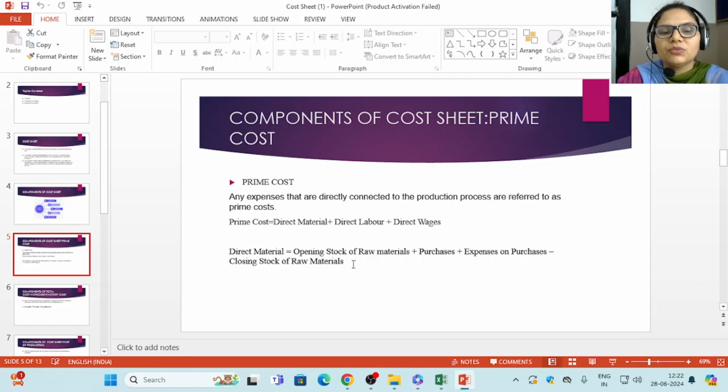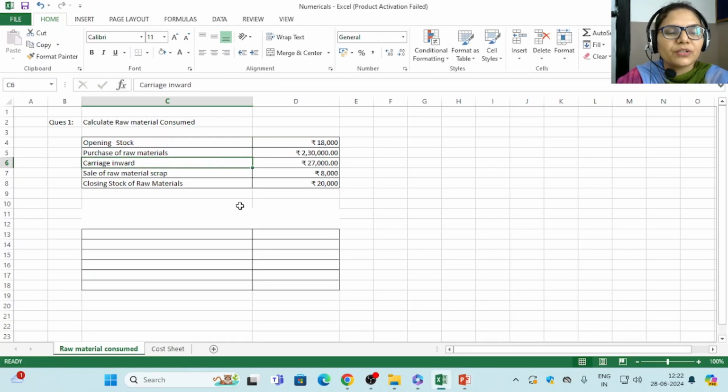Direct material is equal to opening stock of raw material plus purchases plus expenses on purchases minus closing stock of raw material. So nothing is different in this question also. We have been given all the values which can be easily applied in the formula, and we will calculate the cost of raw material consumed.